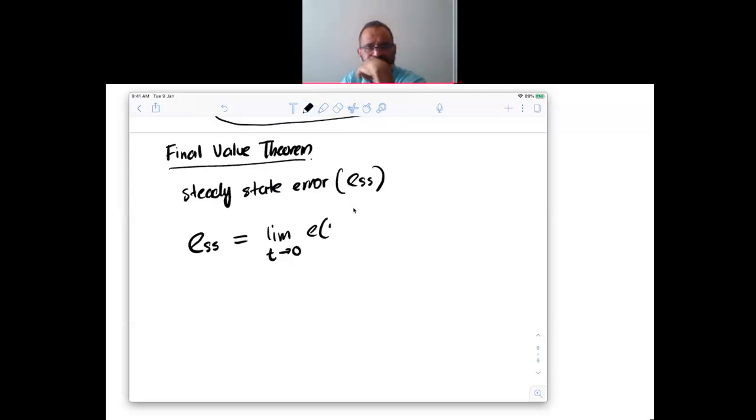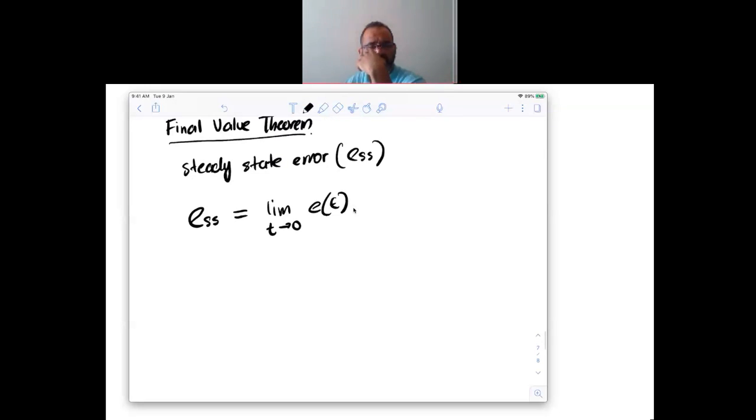It's ET, just like that, limiting time to infinity. Okay, but when we want to talk about ESS, we'll change that into limiting S to... why? I make a lot of mistakes here.